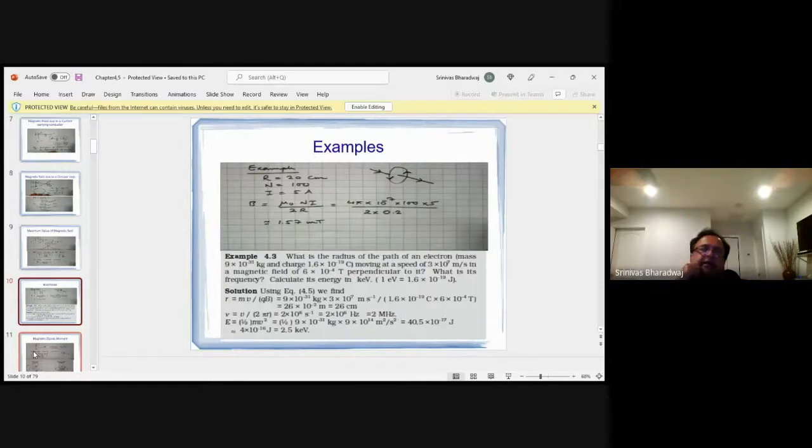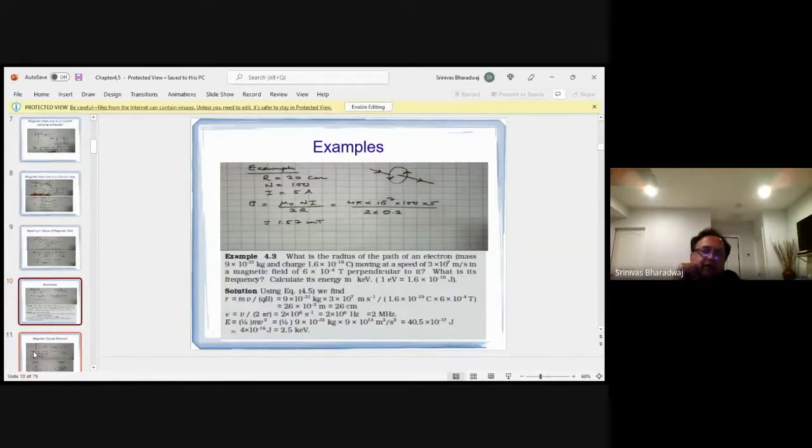Given that, calculate its energy. So you want m v square by r equals q v B, right? One v will cancel with the v on the right hand side, so we have m v by r equals q B.